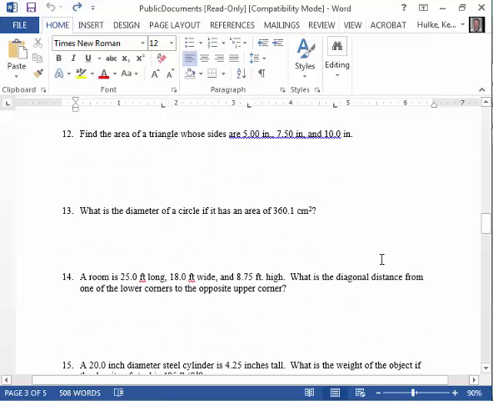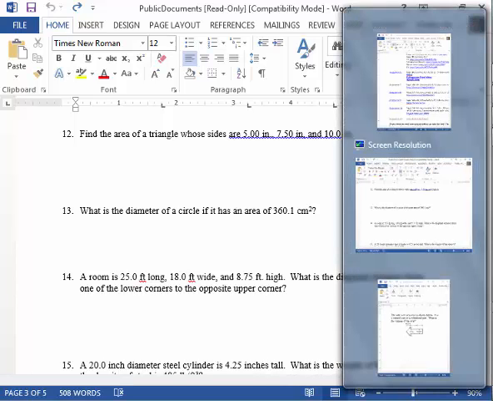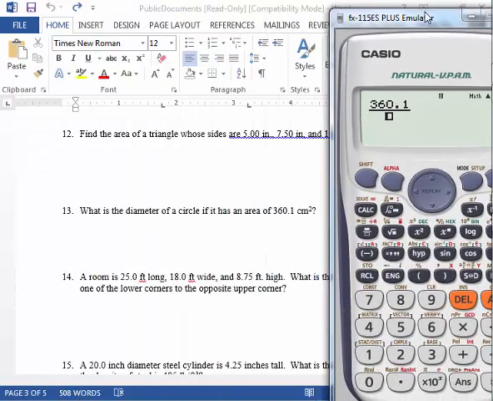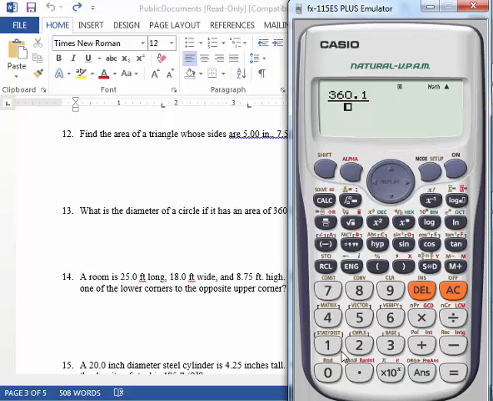What is the diameter of a circle if its area is 360.1 centimeters squared? So we take 360.1, the area. The area is pi r squared, so if we divide it by pi, we have to take the square root of it.